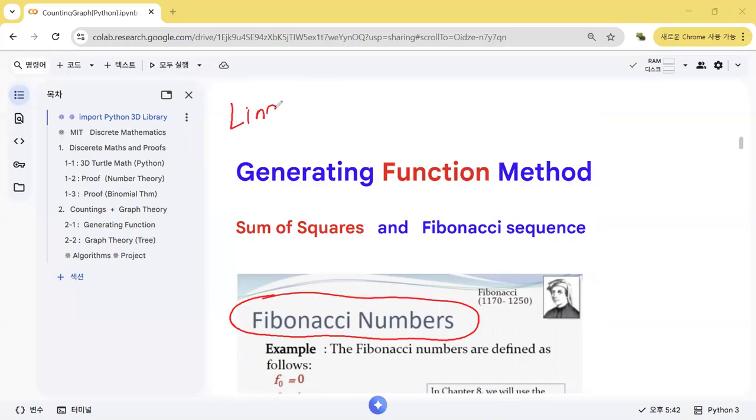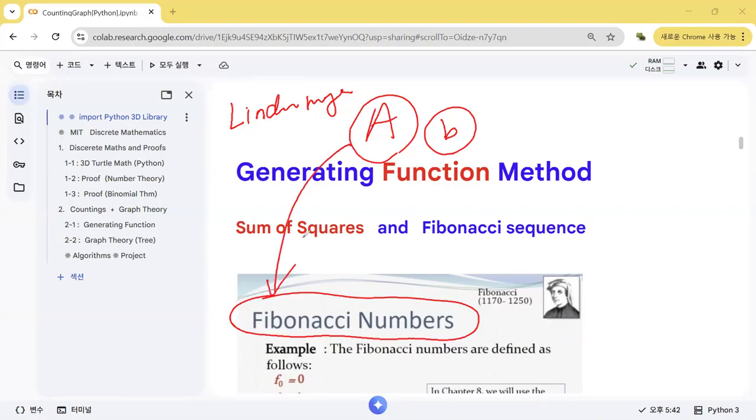Lindenmayer system. Okay. So this is a rabbit and baby rabbit, something like that. So using alphabet symbols, symbolic manipulation, we can approach the Fibonacci problem using a Lindenmayer system. That is a very important one because using computer coding and computer algorithm, we can generate a possible solution to this kind of Fibonacci problem.